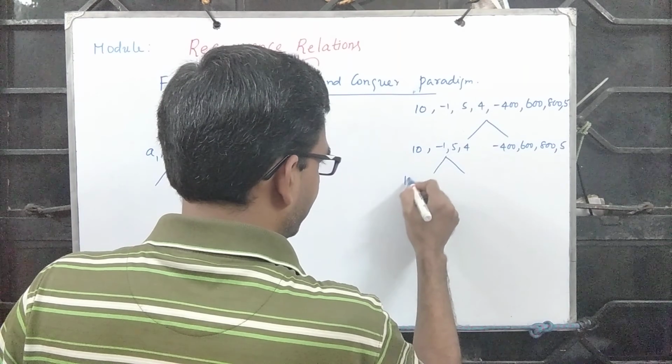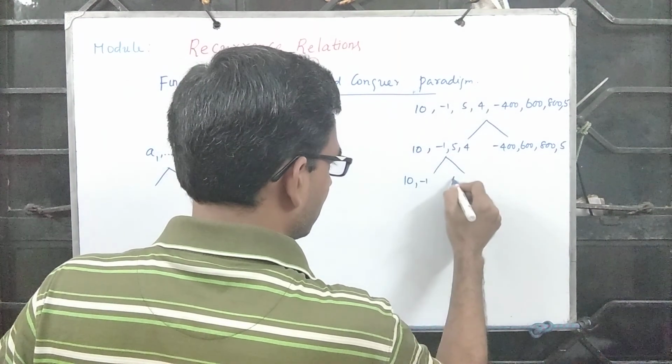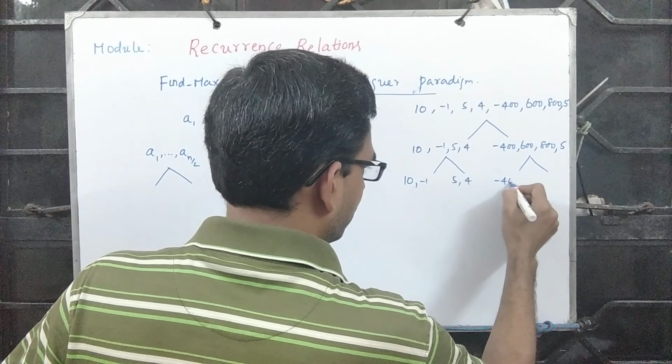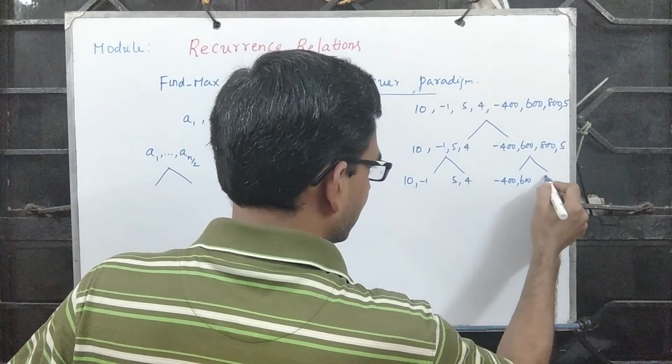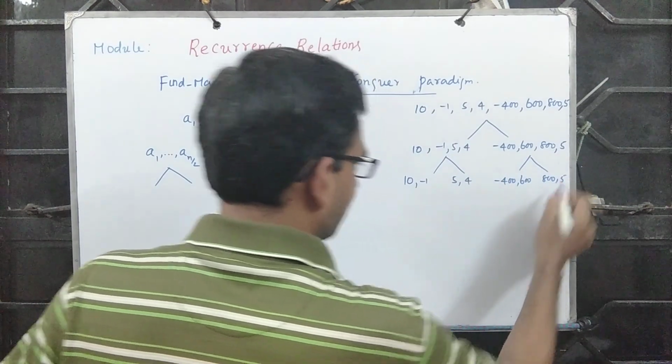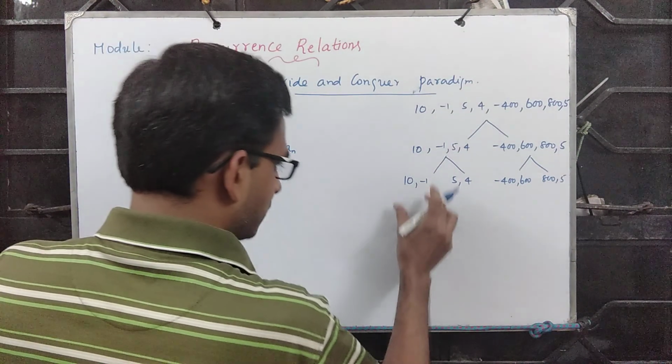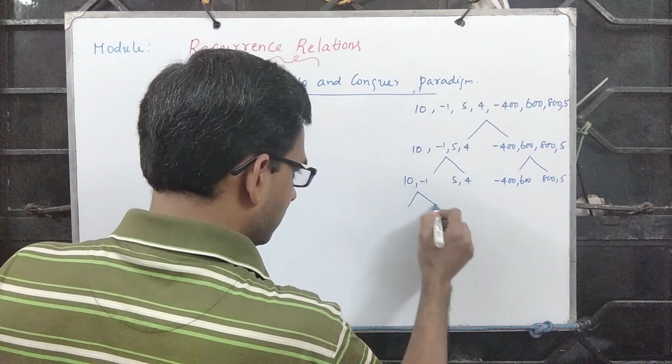So this will be divided into 10, minus 1, 5, 4. Then this will be divided into minus 400, 600 and 805. Fine. So now I divide this further.